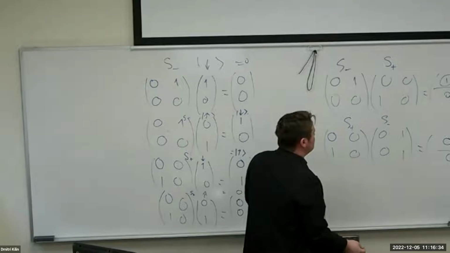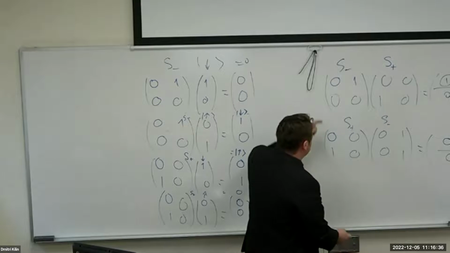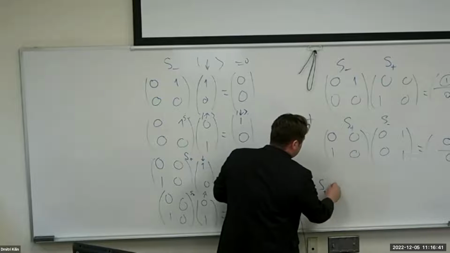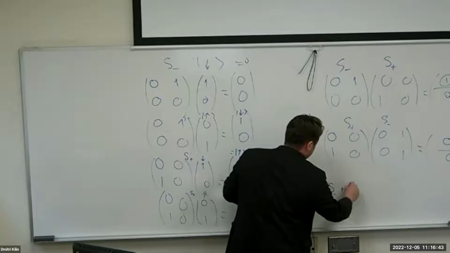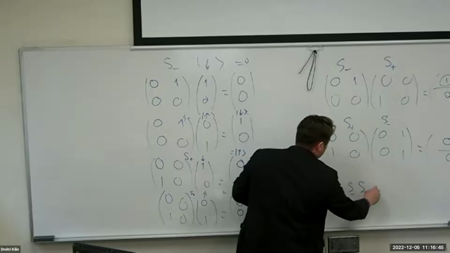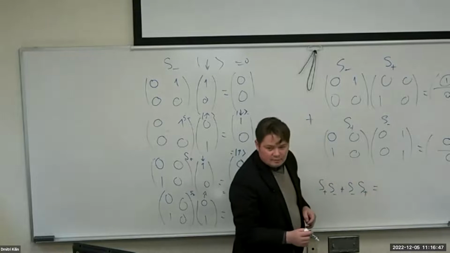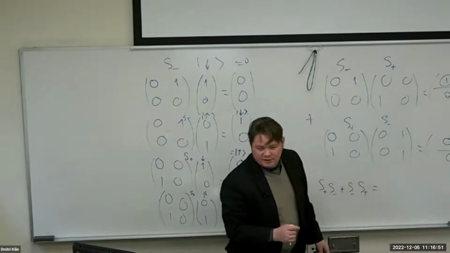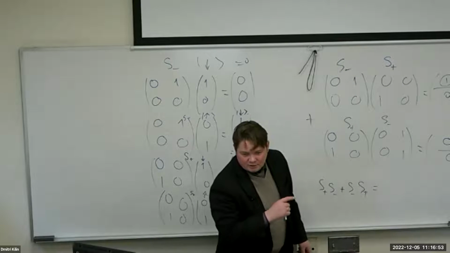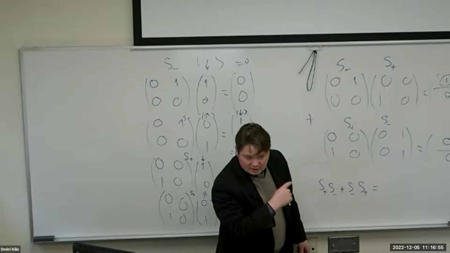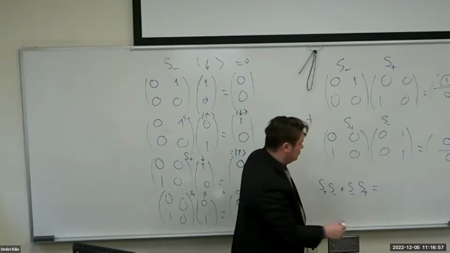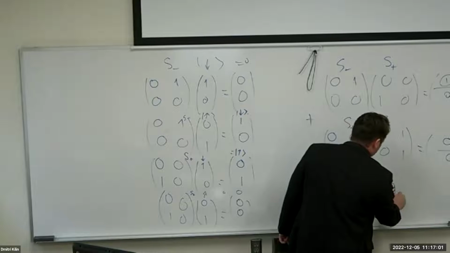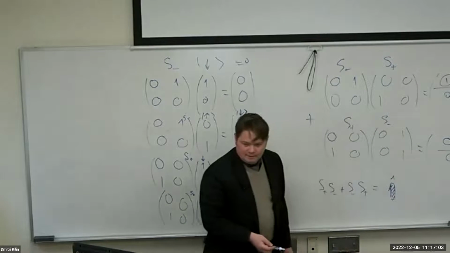And another interesting observation, if we add them together, then S plus S minus plus S minus S plus will be equal to what? This plus this will be a matrix which has ones on the diagonal, right? So like a unit identity operator, right?